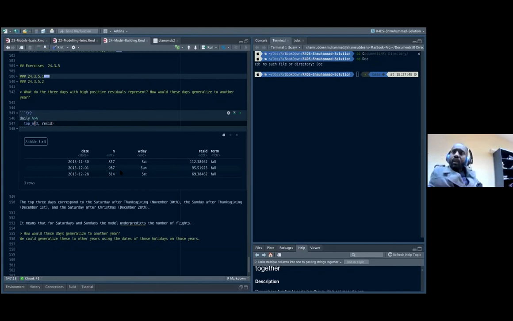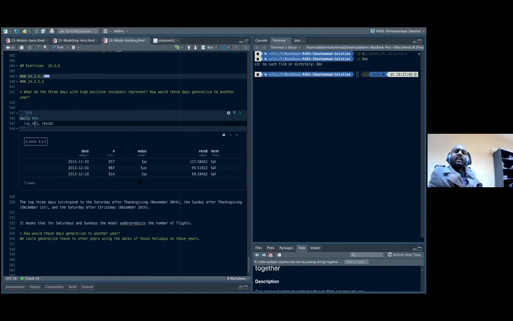And as we can see here, as expected, these are Saturdays, Sundays, and they have high residuals. It means they have high error, right? So the top 3 days correspond to the Saturday after Thanksgiving days, which are these, the Sunday after Thanksgiving days, and the Saturday after Christmas, December days.